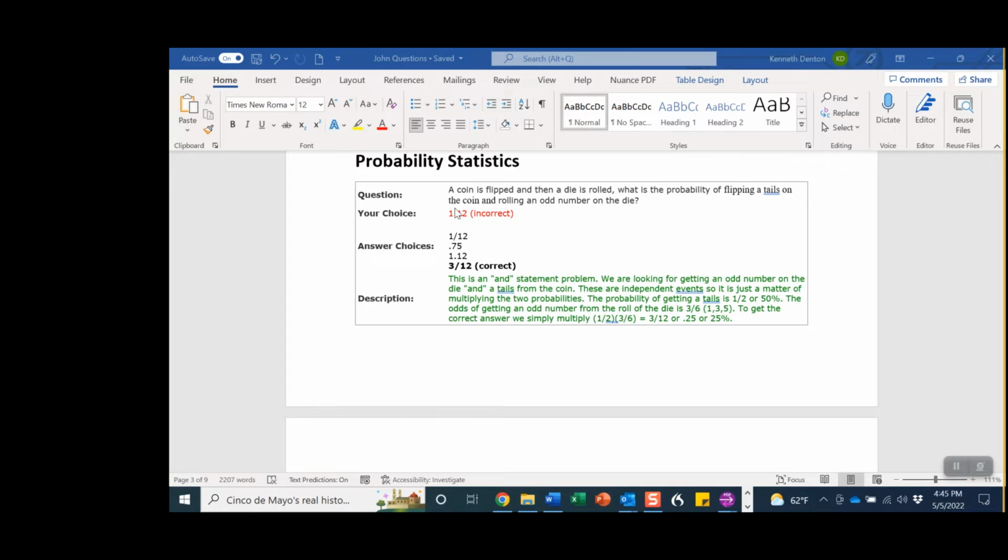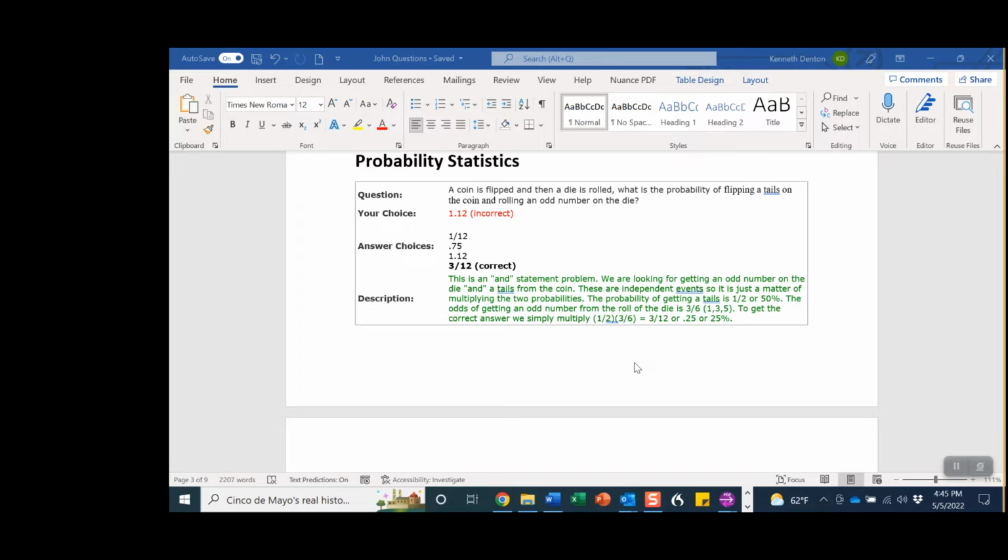Okay, and this one here, it's the coin flip, and you got the probability of flipping tails and the probability of rolling an odd number on the die. And then if you look at your answer there, I get how to do all that stuff.